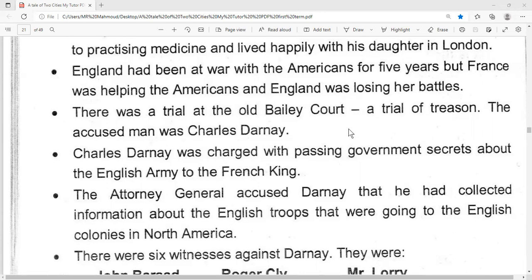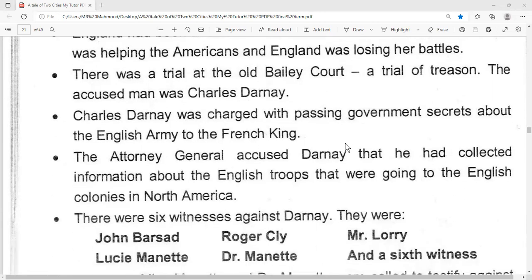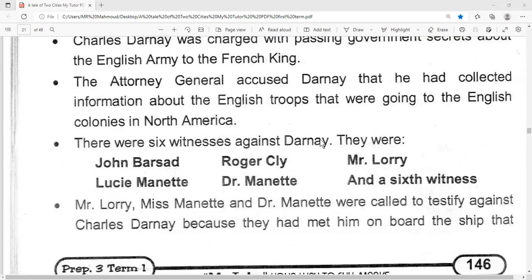The accused man was Charles Darnley. Charles Darnley was charged with passing government secrets about the English army to the French king. The Attorney General accused Darnley that he had collected information about the English troops that were going to the English colonies in North America.